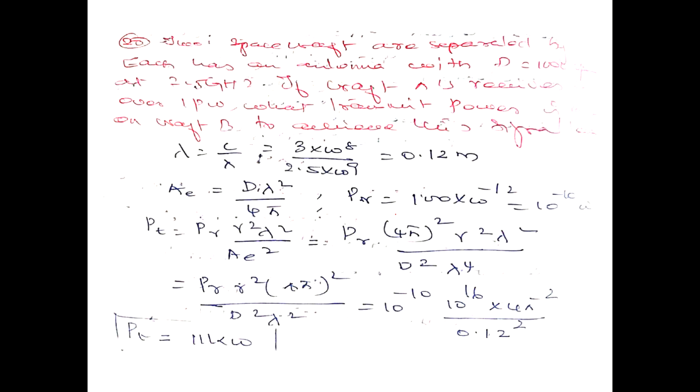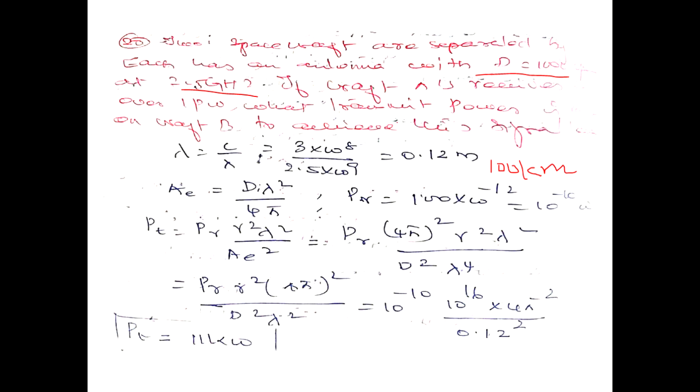The last problem: two spacecraft are separated by 100 kilometers. Each has an antenna with D equal to 1000 operating at 2.5 gigahertz.